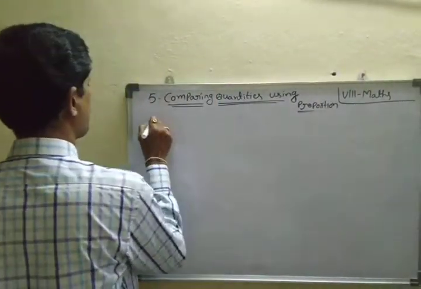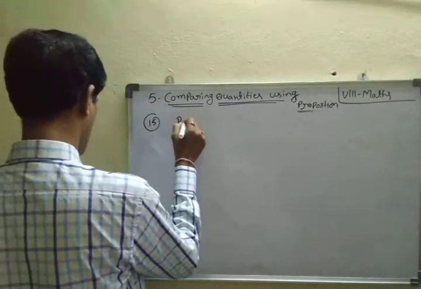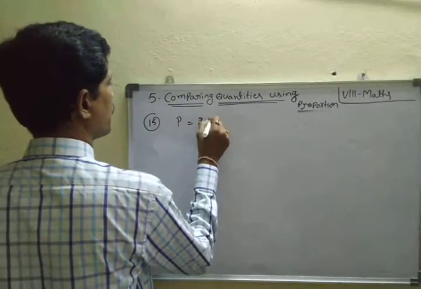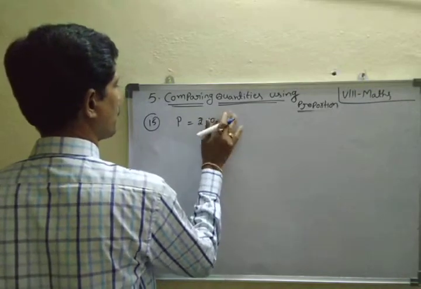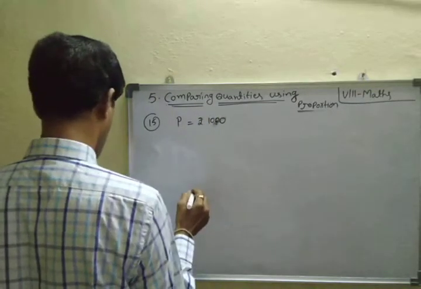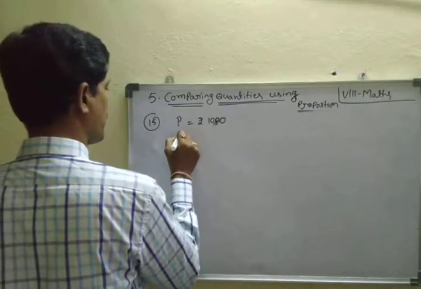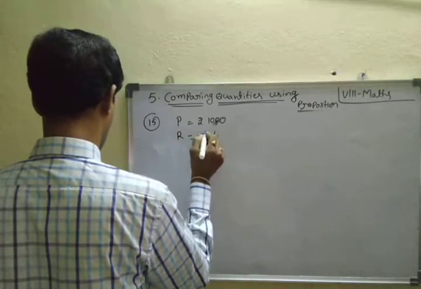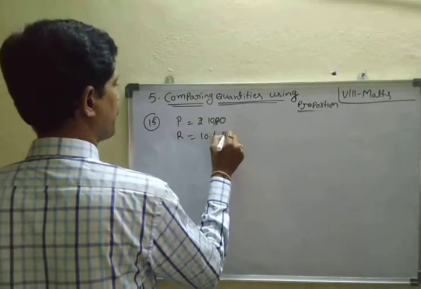The 15th question: principal equals 1000 rupees and rate of interest equals 10% per annum.